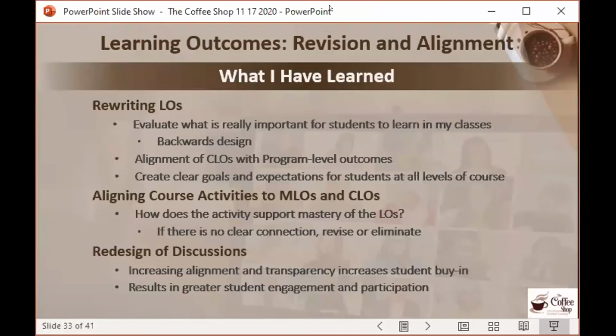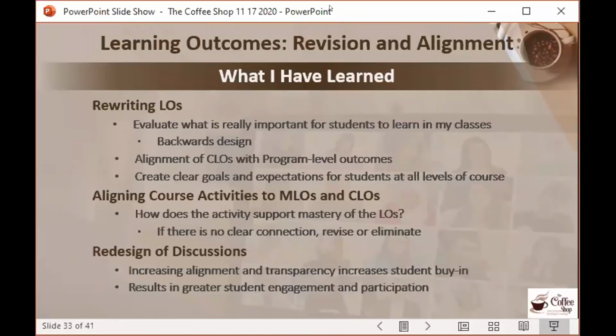I've also had to take a hard look at my in-class activities, my projects, my discussions, and whether or not they support my learning outcomes. Again, transparency. And there were a couple of pet projects that I had students complete that, after looking at my learning outcomes, I could just not justify keeping in the course.